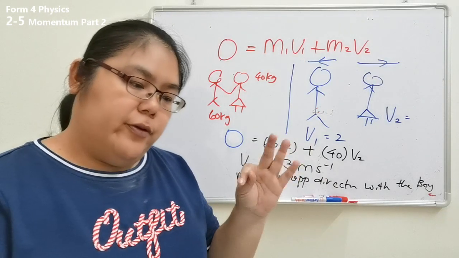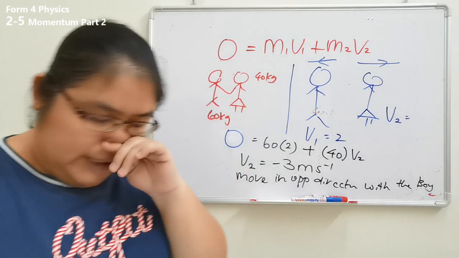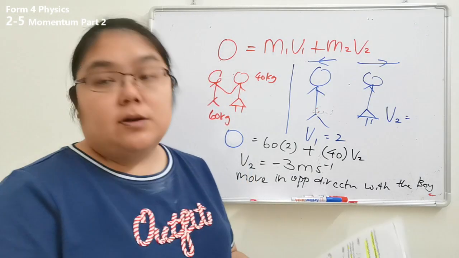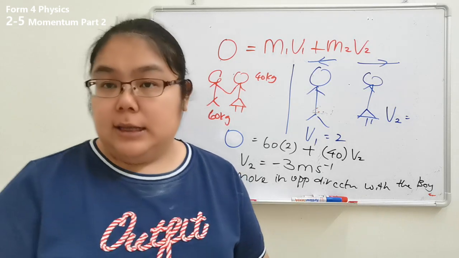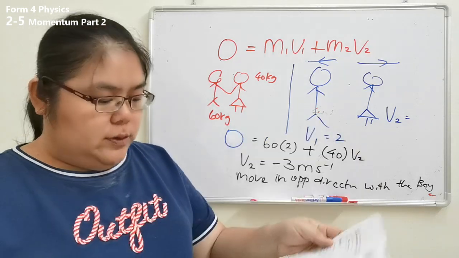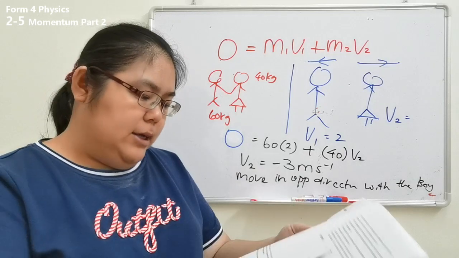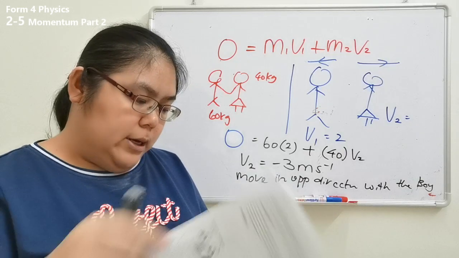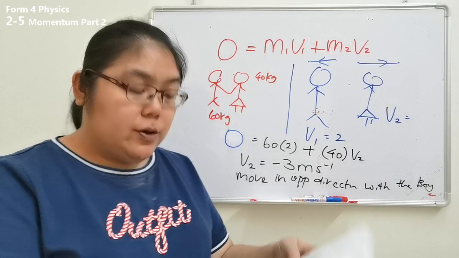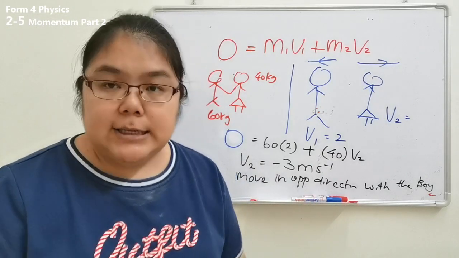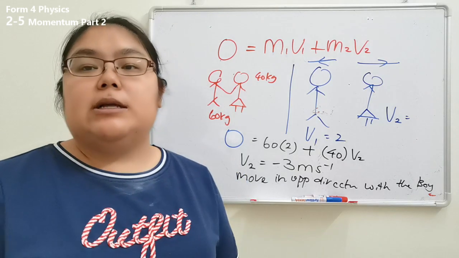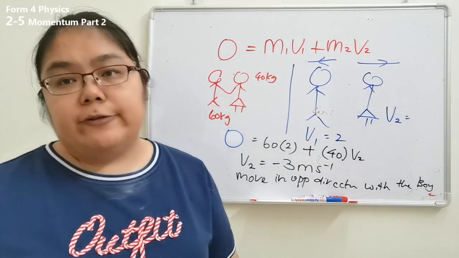So we got 3 different things. I want to do the conclusion for all these collisions, the elastic and inelastic. From your notes, there will be some conclusion about that. What's the similarity for the elastic and inelastic? The similarity is momentum conserved.